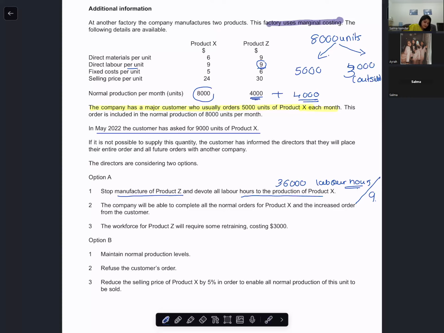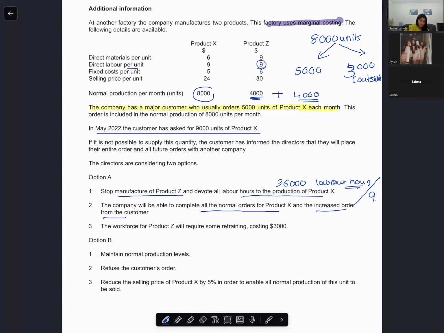So if they do this, they will be able to complete all the normal orders of product X, and the increased order from the customer.